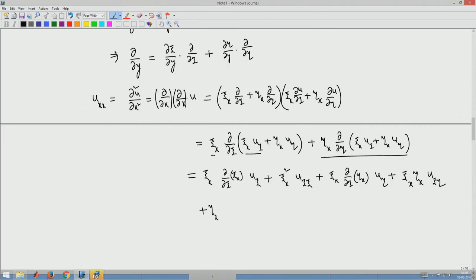So eta_x, now look at this one, dou eta of xi_x u_xi, plus eta_x xi_x u_xi eta, now plus this one, eta_x dou eta of eta_x u_eta, plus eta_x square dou eta of u_eta.